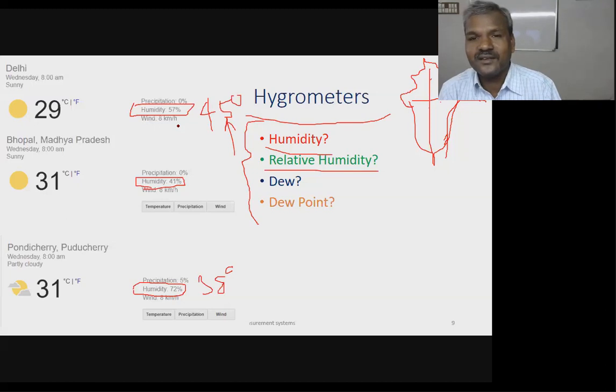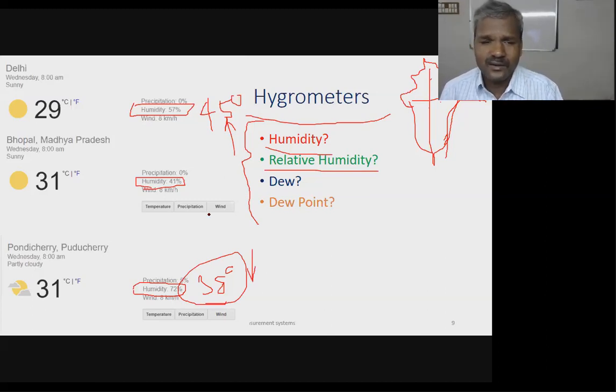That is because of the humidity. Since there is lesser humidity, we may not get sweating in our body. Even though the temperature is comparatively less in Pondicherry, we get sweating in our body. So this is the role of humidity.